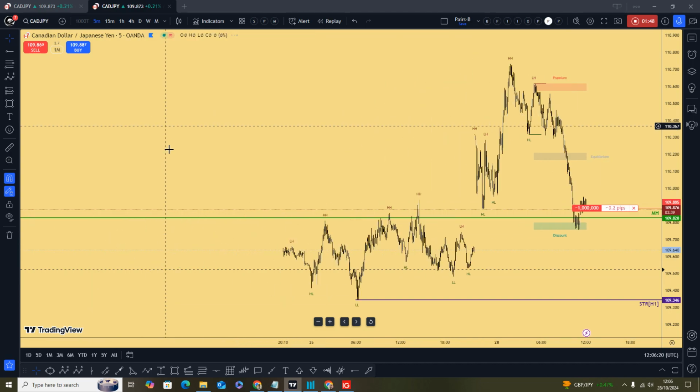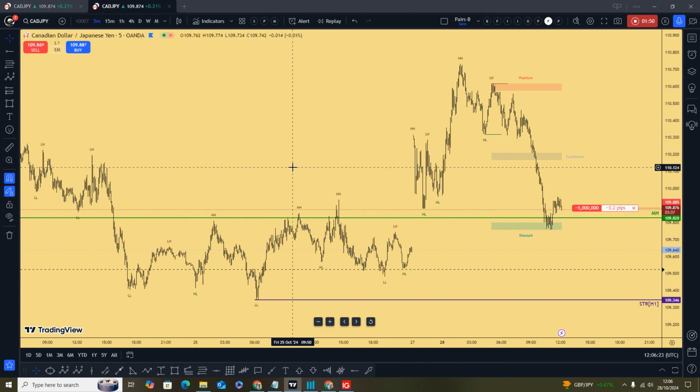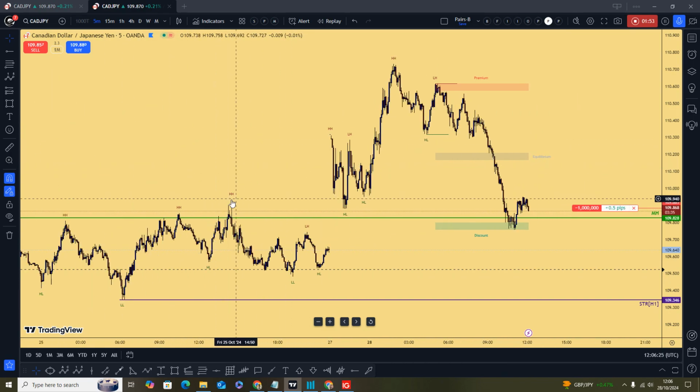What we saw this morning, that was the momentum high that I was referring to. Then we now have an internal momentum high. It was actually a strong turning point on the 5-minute chart because that is the high of Friday, and that is the momentum high. We have a structure here.